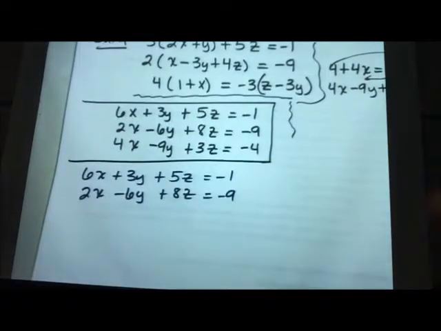Now, does it matter who you eliminate? No. But I'm going to say let's go ahead and eliminate x. Now you could do y, you could do z, but depending on which number you pick, it's going to take longer, like we've learned in 8.1. So I think the easiest one is x, because I can multiply the bottom one by a negative 3.